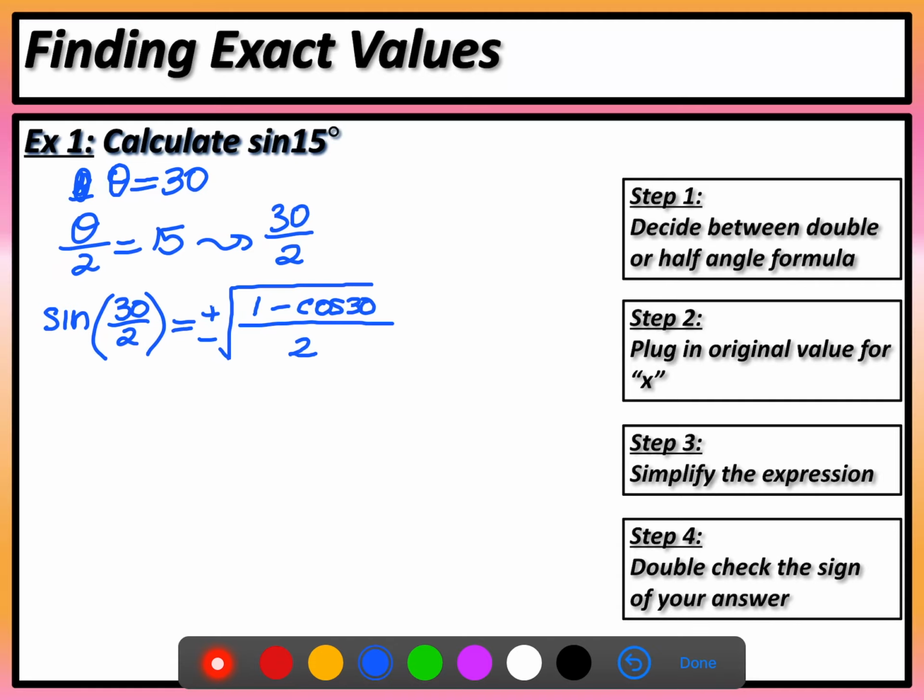underneath the square root. So I can use my chart to find cosine of 30. So cosine of 30 equals root 3 over 2. And now I need to simplify what's underneath my square root there. So I'm going to make a common denominator. I'm going to put this over 1, multiply top and bottom by 2.